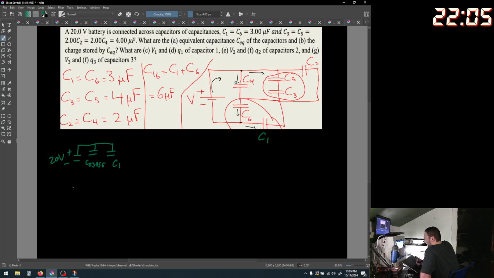Now, what we have to find is C equivalent of 2,3,4,5,6. So C2 is 4, so it'd be 2, plus C5,3, which is 4 plus 4, inverse, which is just 2.